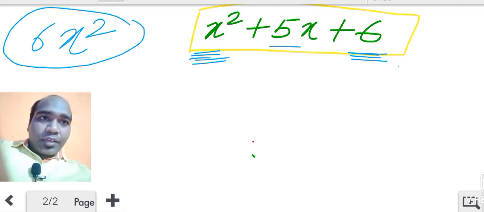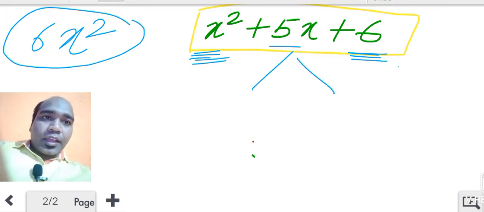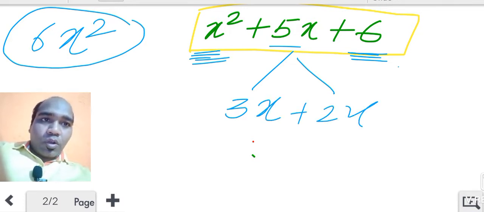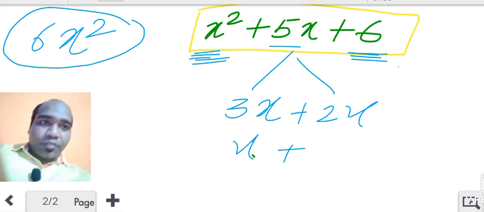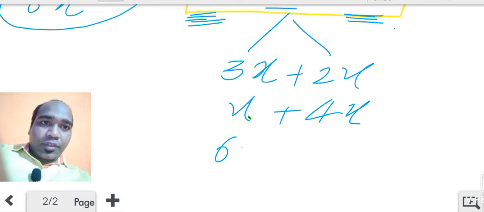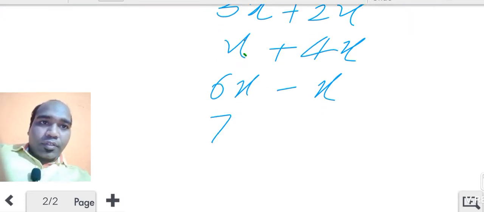Now this 5x, we have to split in such a way that after adding we'll get 5x. So we can write 3x plus 2x, or x plus 4x, or 6x minus x, or 7x minus 2x.